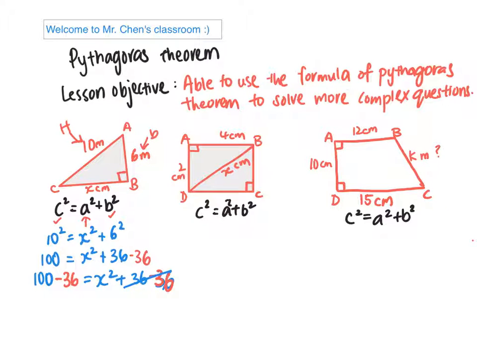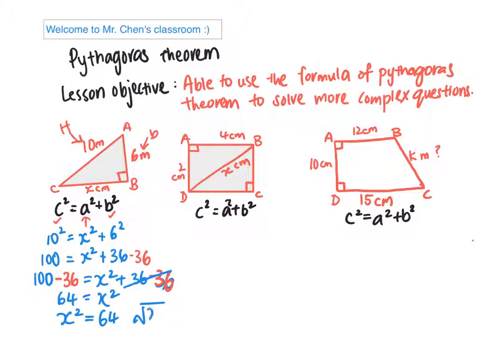Which leaves you with 100 minus 36, which is 64, equal to x squared. So x squared is equal to 64. It's not done yet, you have to square root both sides to get rid of the square.